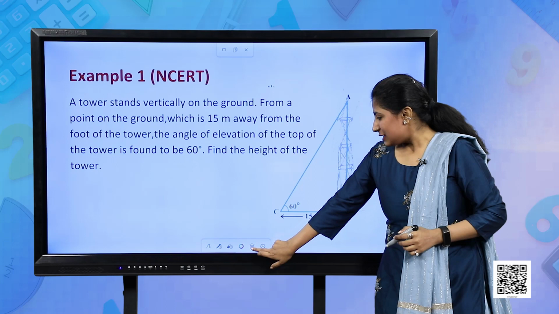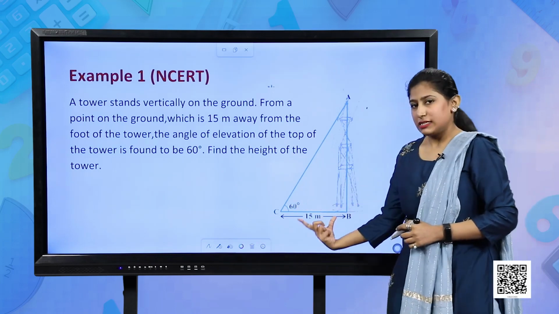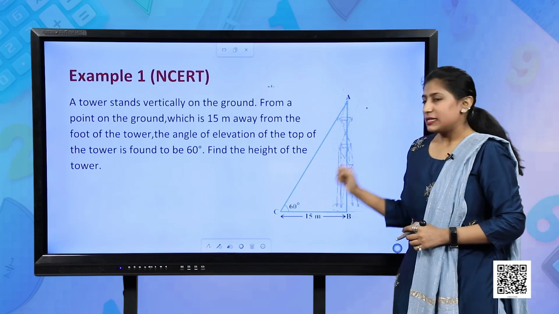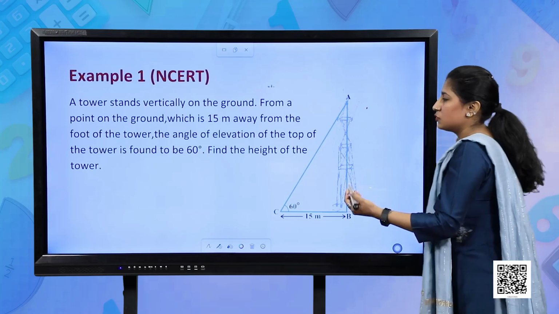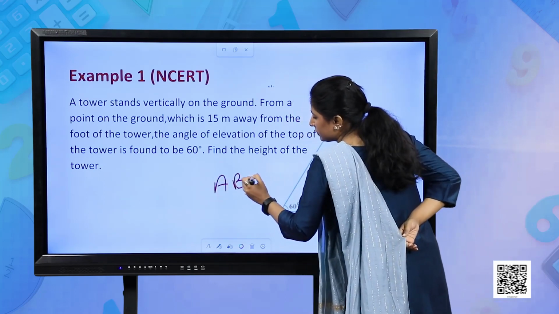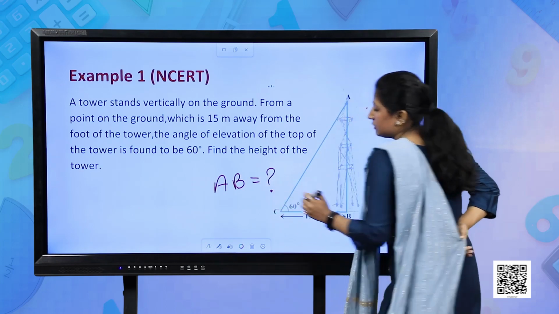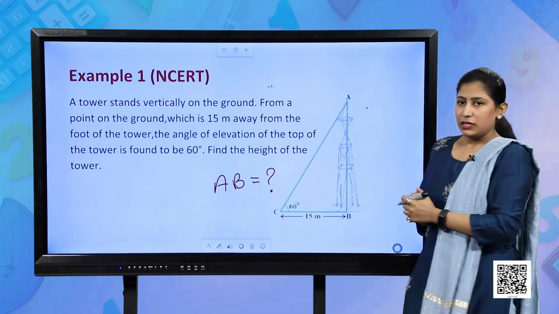So just see this figure. This is the tower. 15 meter is this distance. This angle is 60 degrees and we just have to find AB. So what is AB? And how we are going to find it? So we have to focus on the triangle that can be seen here.